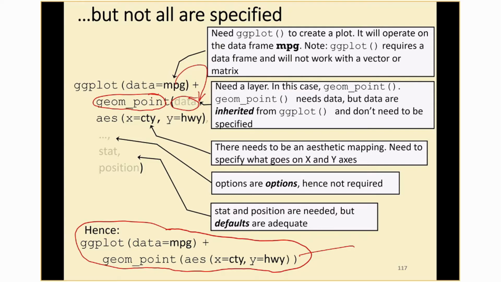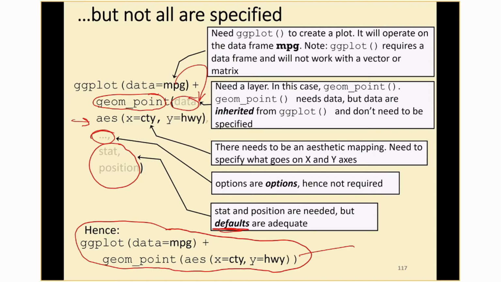If I'm going to make a scatter plot, for sure I'm going to have to tell it what the X and Y variables are. Those are going to be required. The third component are the options. And the whole concept of options is that they're optional. So they're not going to need to be specified. And the fourth component, stat and position, those fourth and fifth components, they're going to be required, but every geom comes with its defaults.